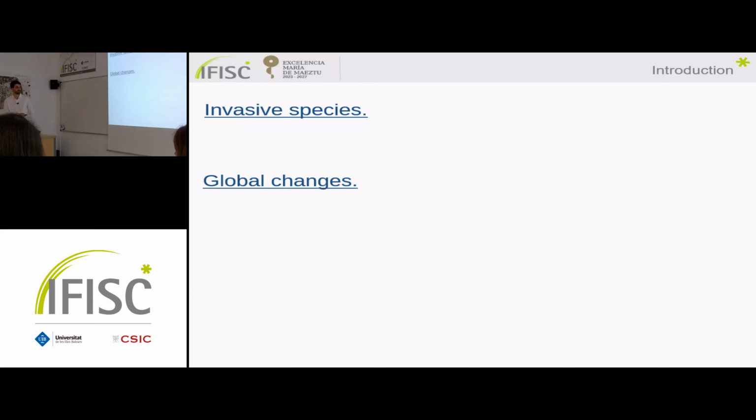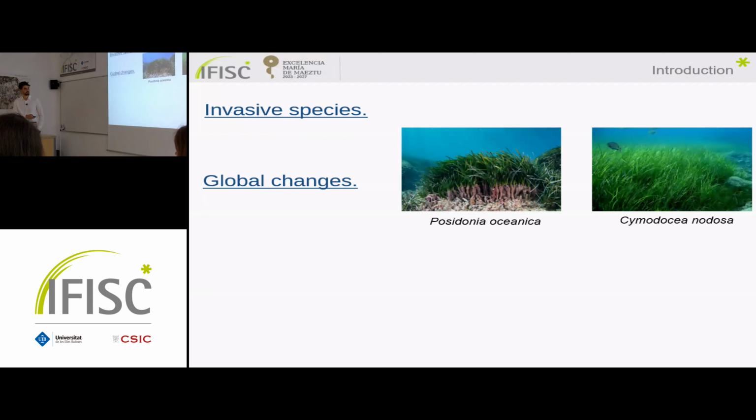For example, here in the Mediterranean, we have two different species, the Posidonia oceanica and the Cymodocea. Posidonia oceanica, I already talked a little bit about. The point between these two species is that Posidonia oceanica is a very strong plant, but is also vulnerable to hot temperatures.